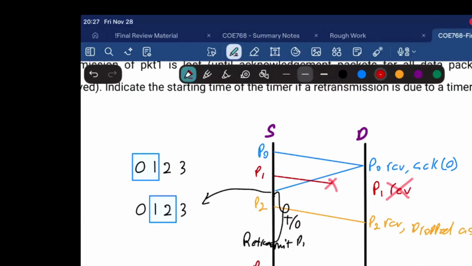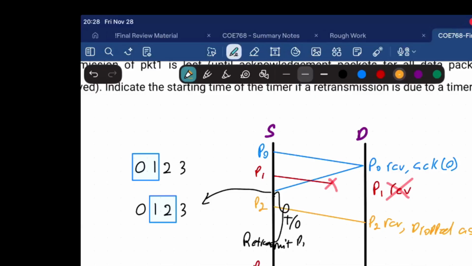This time P1 is received, and the acknowledgement for P1 has been sent back. And while we're getting the acknowledgement, P2 is also sent again because here we know that the packet was dropped. So P2 must be sent again. P2 is received, and acknowledgement for 2 is sent back.